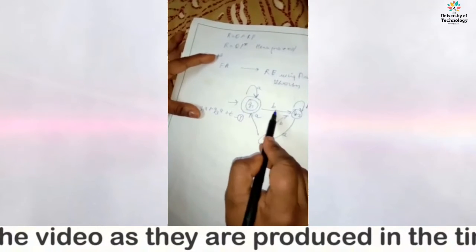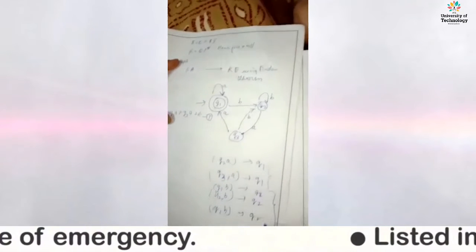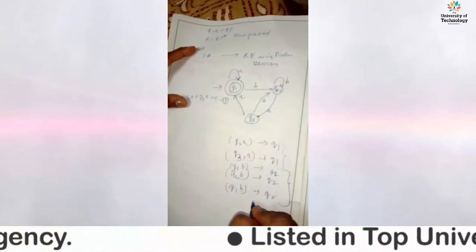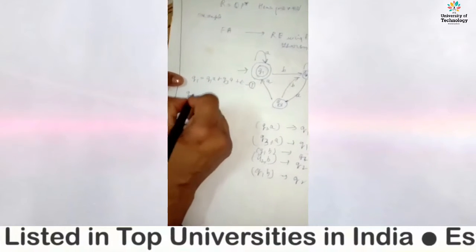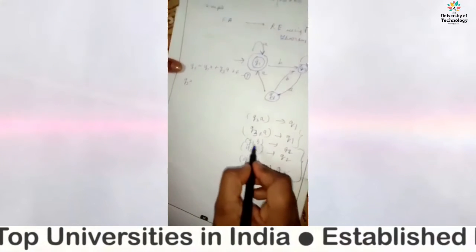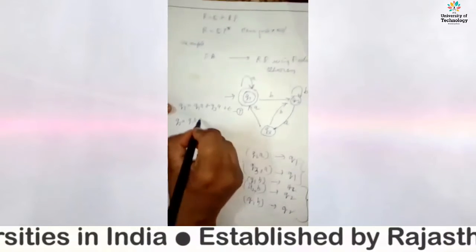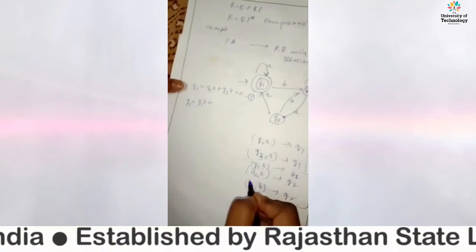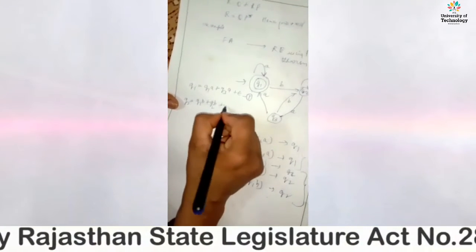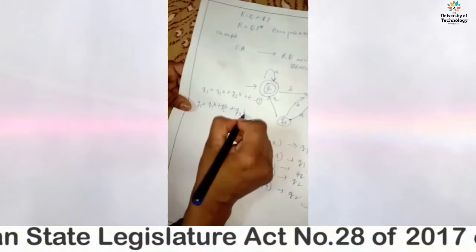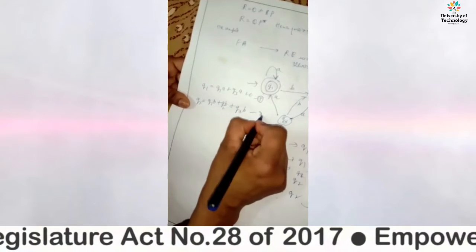Yes, Q1B again reaches Q2. So these are the three ways by which you can reach Q2. Now we form an equation with these three ways. So Q2 = Q1B + Q2B + Q3B. Mark it as equation number 2.